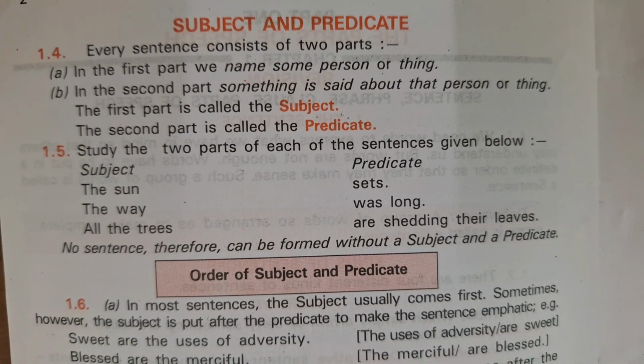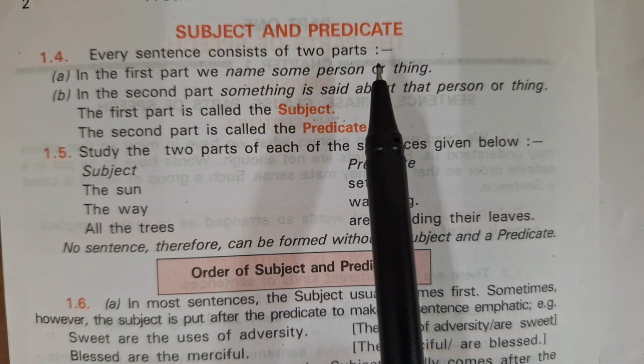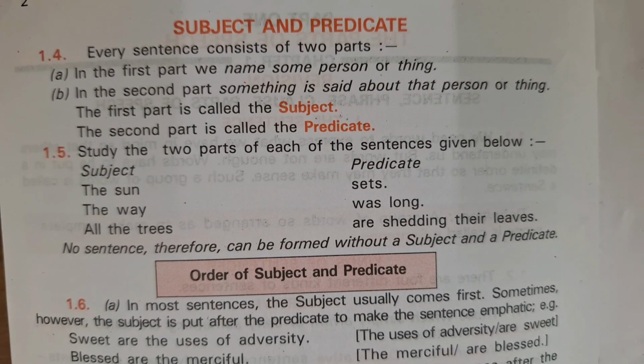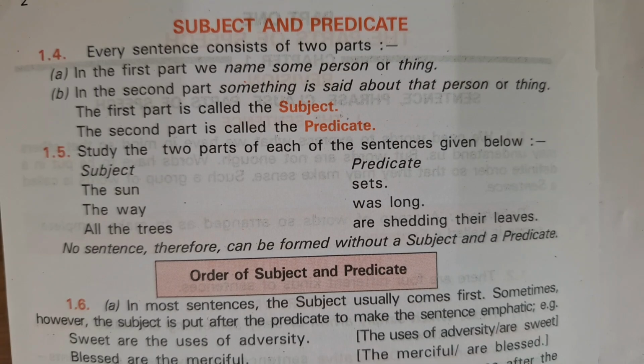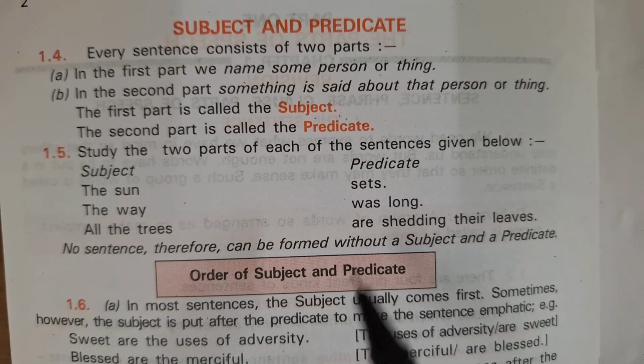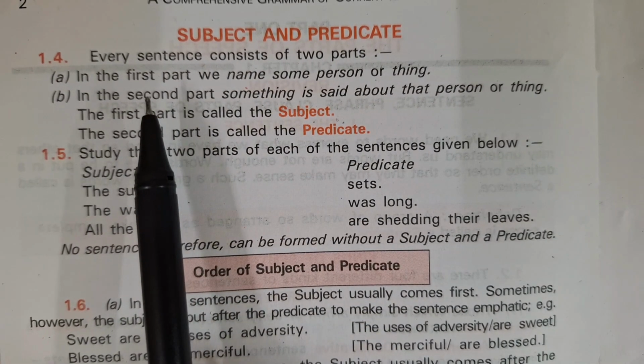Now, let us understand what is subject and predicate. Now, every sentence will have a subject and necessarily a predicate. Now, what is subject? That part of the sentence which tells us about whom we are talking is your subject. And the remaining part of the sentence which contains your verb part or the action word is called your predicate. So let us read.